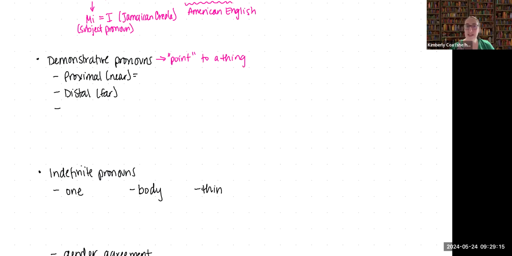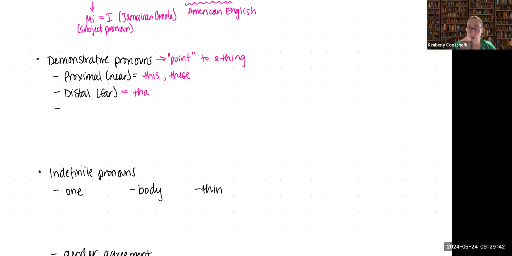So proximal demonstrative pronouns just means pronouns that indicate something that's near, and that would be this and these, right? This screen, these ideas that I have, they're talking about things that are near, whereas demonstrative pronouns that are far would be that, right?